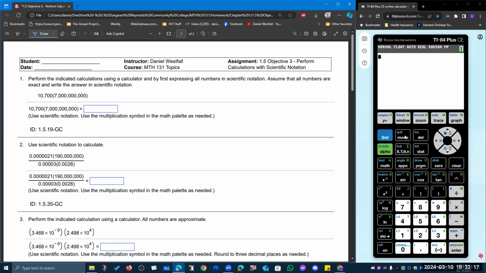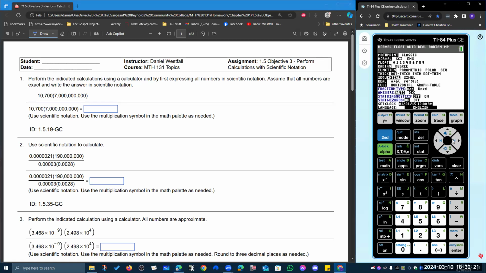One of the first things that we want to do, since we're trying to get answers in scientific notation, is change our mode to scientific from normal. We're going to quit, and then enter these numbers without commas. So 10, 7 times 7, 0, 0, 0, 0, 0, 0, 0, 0, 0.